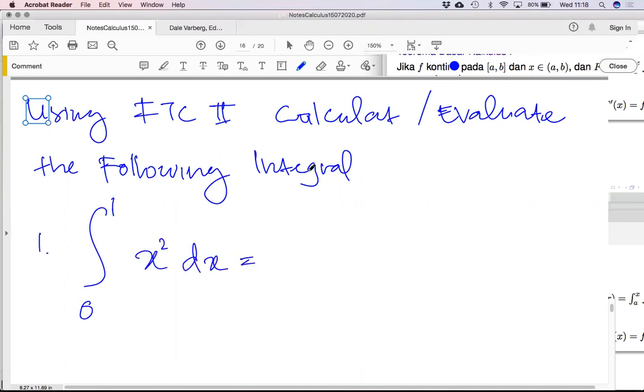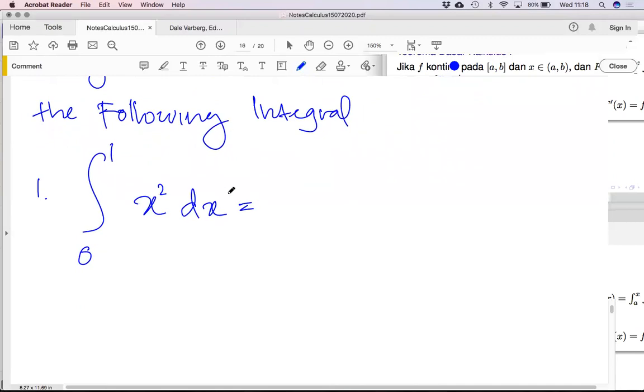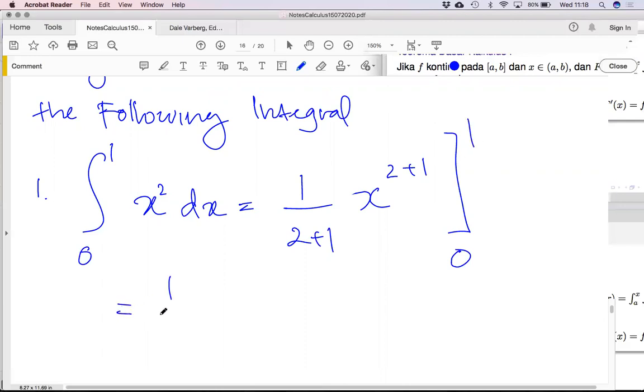You already know this. So using the basic integration rule, this is our n. It is the same as 1 over 2 plus 1 times x to the power 2 plus 1. And then take the boundary here. And it is the same as 1 over 3 x cubed from 0 until 1.